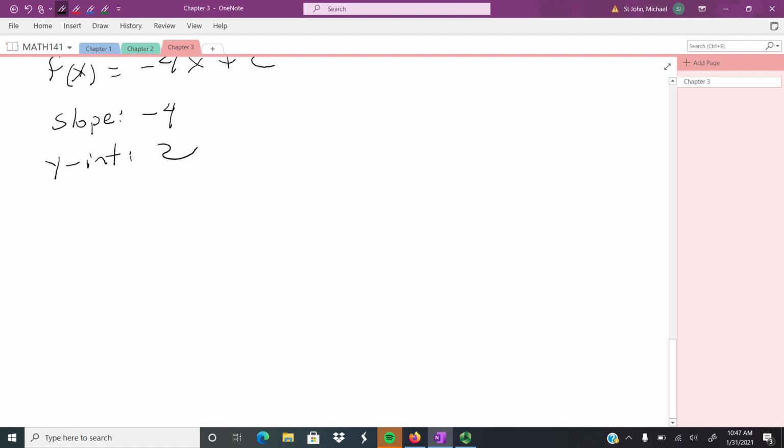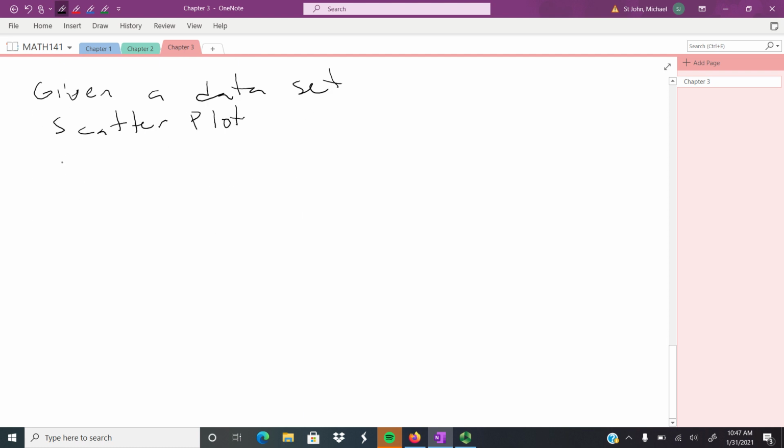Then you can look in terms of a given data set. You can have what is called a scatter plot. A scatter plot will look something like this. You have just a set of points, and you have this plot of that data.